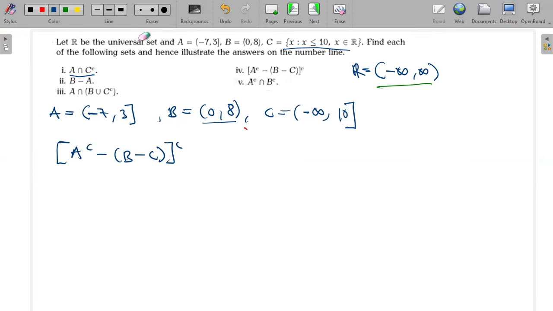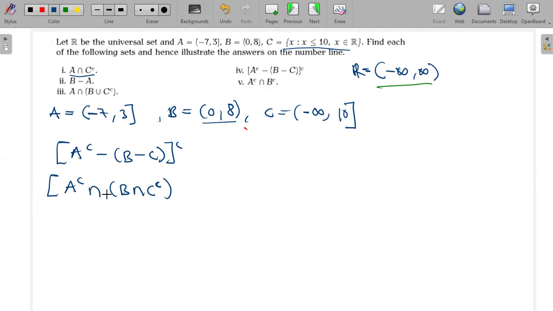Before we distribute, we can write what is inside as A intersection B, and this inside, intersection C complement, because we've removed this difference, so the complement goes there.